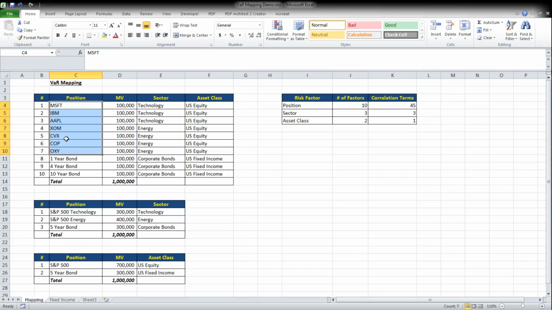So you don't actually lose much granularity by mapping all of these positions to their respective sectors and asset classes because it's diversified away and it's not even relevant anymore for large portfolios. And even if there is some idiosyncratic risk remaining after you map these, Basel regulations actually have a specific charge.